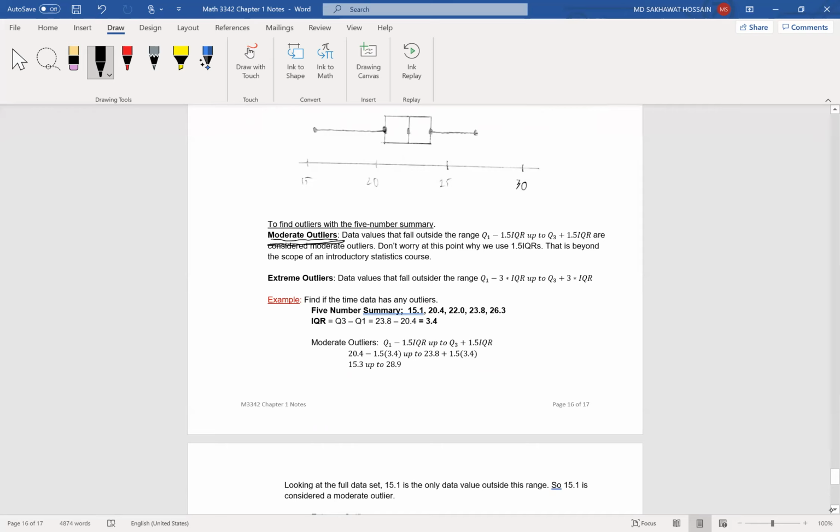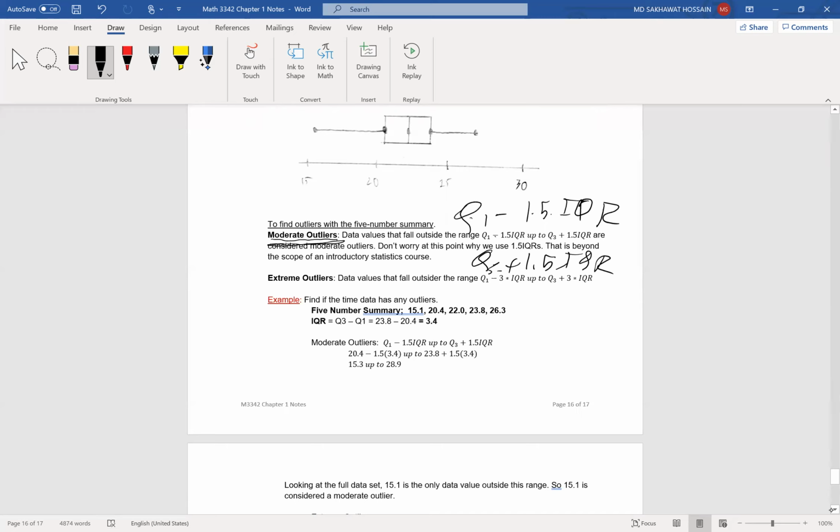If a number is less than Q1 minus 1.5 times IQR, or greater than Q3 plus 1.5 times IQR, the interquartile range, that means if any number is outside this range, then it is called a moderate outlier.